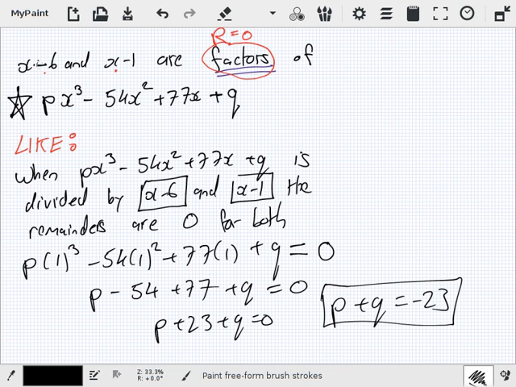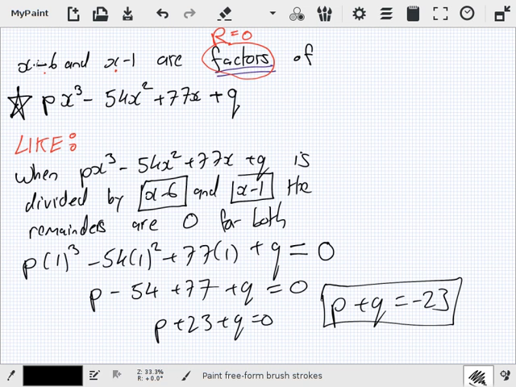But what about question 3, for example? This is actually easier because the first thing they ask you to do is put in, what do you put for x? 3. And it's a factor, so what should it equal? 0. So what they're saying is, after you do that, you should get this. It would be like me saying, show that p plus q equals minus 23.